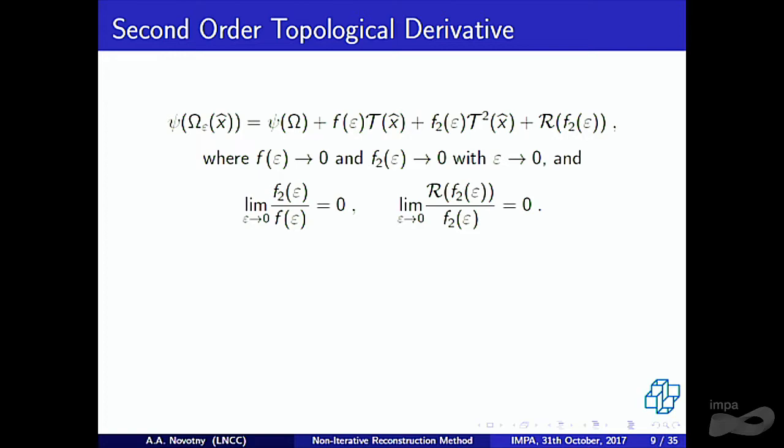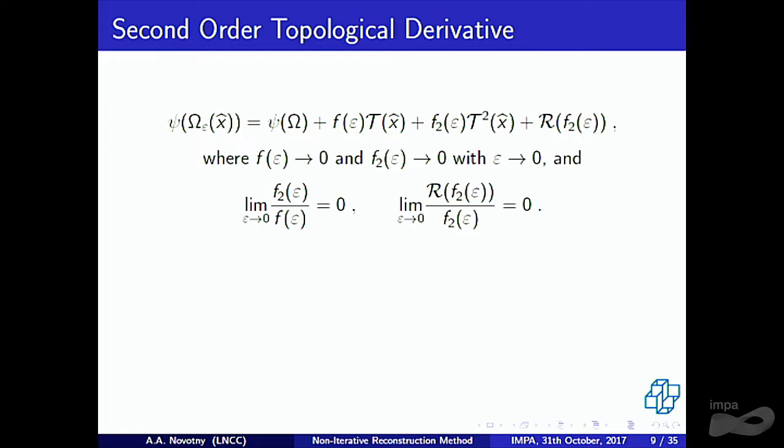But we can go further on the expansion by using the same idea. So now we have this ansatz, and we add one more term on the expansion. And the assumption is that f2 of epsilon goes to 0 monotonically with epsilon, and f2 has a higher order in epsilon with respect to f.